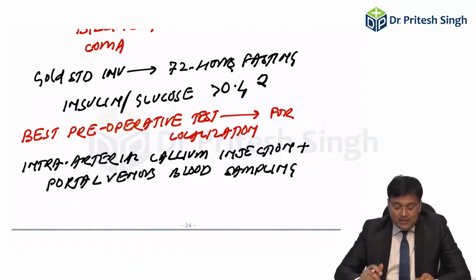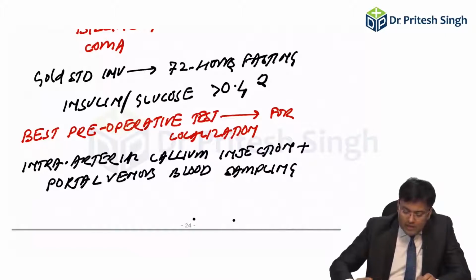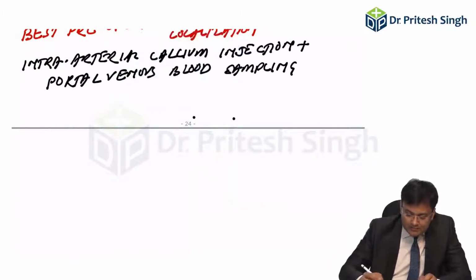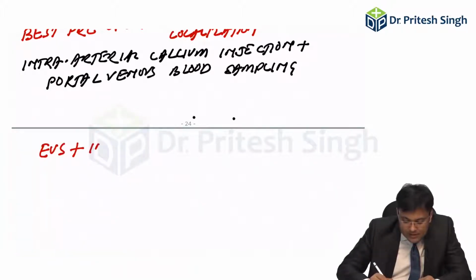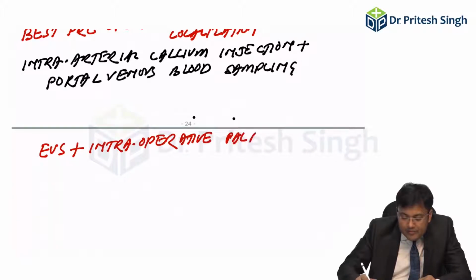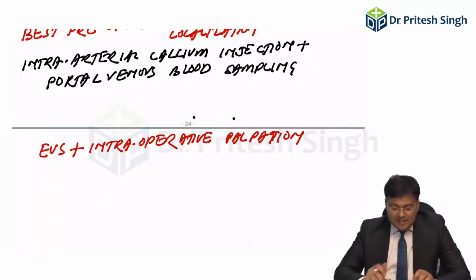But be careful, this is best pre-operative test for localization. Overall best for localization of insulinoma is endoscopic ultrasound plus intraoperative manual palpation. So insulinoma is localized. Okay.